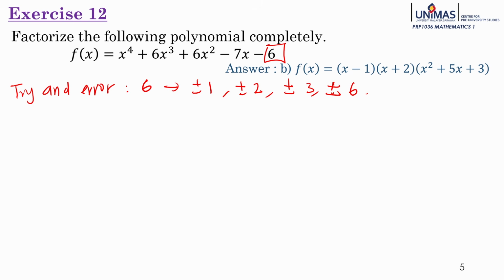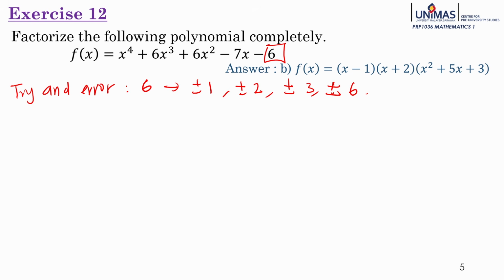I forgot to mention before, when I showed you how to solve previously when the constant is 24, the factors of 24 are actually not only up to 6. It can also consider 12, 24, but I stop at 6 only because when we use trial and error, we just consider the smallest values. We start with positive negative 1, then positive negative 2, and then positive negative 3. Mostly we use the smallest numbers.